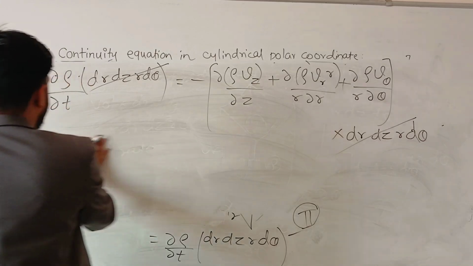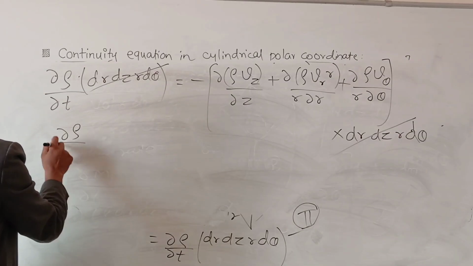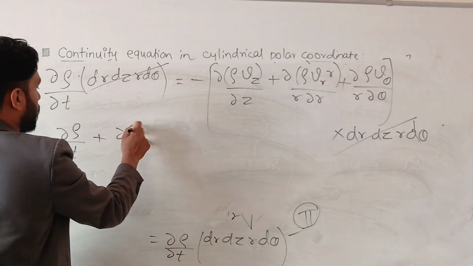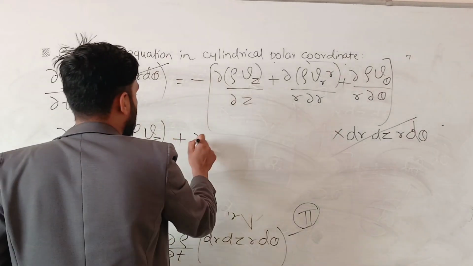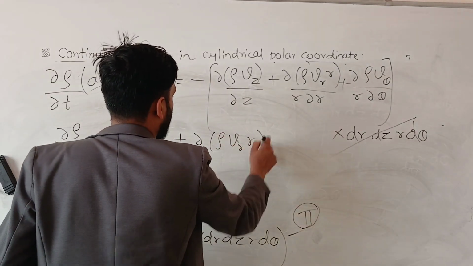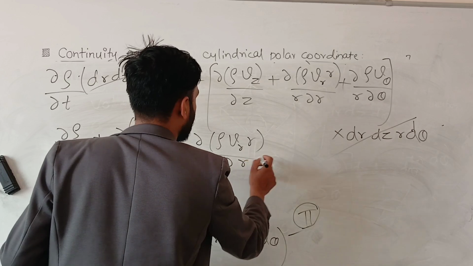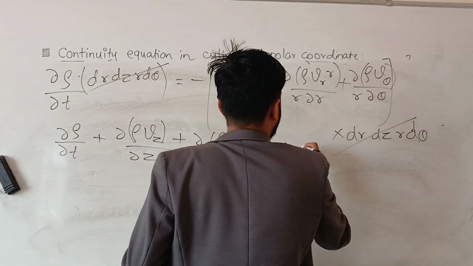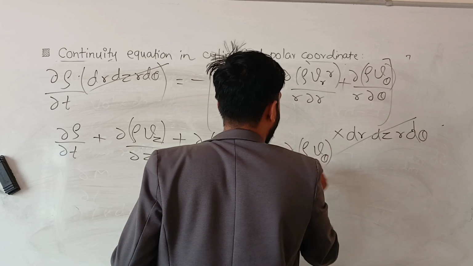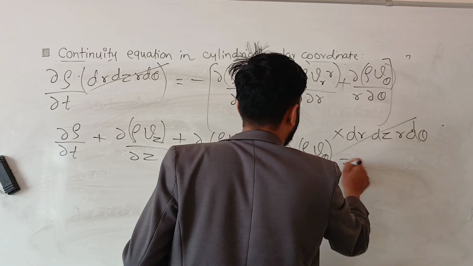So finally you find that del rho by del t plus del rho Vz by del z plus del rho Vr into r by r del r plus del rho V theta by r del theta is equal to 0.